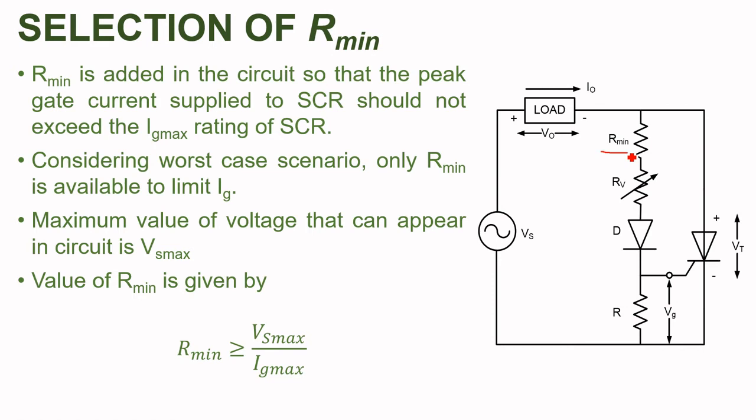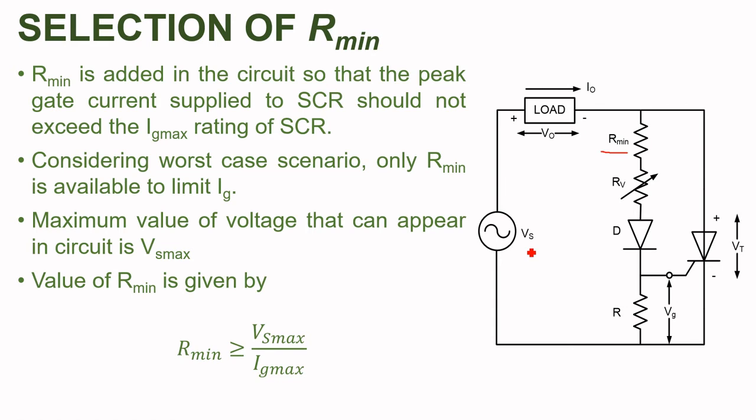So we are designing R minimum for the worst case scenario. The maximum value of voltage that can appear in the circuit is Vs max, that is the peak voltage of the supply Vs. The value of R minimum is given by normal Ohm's law.